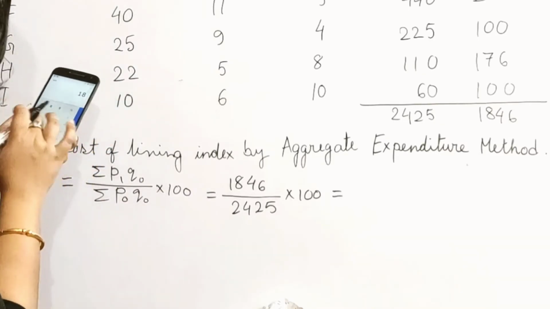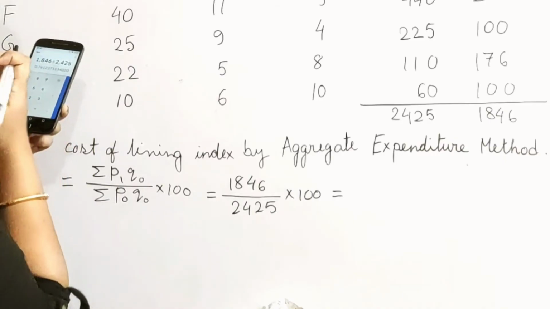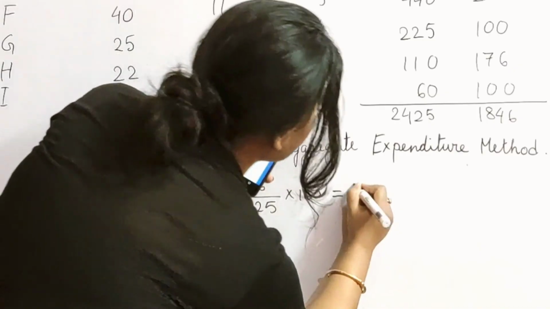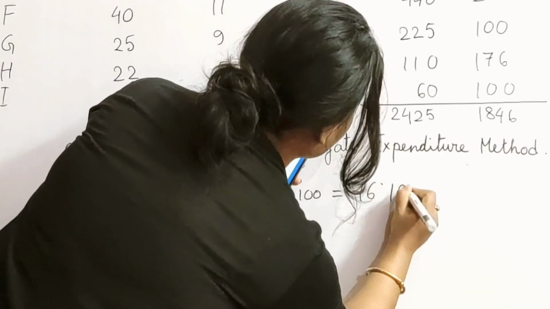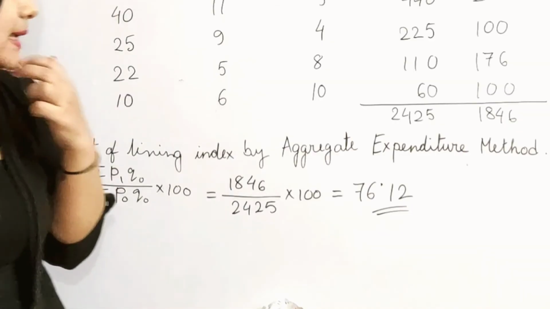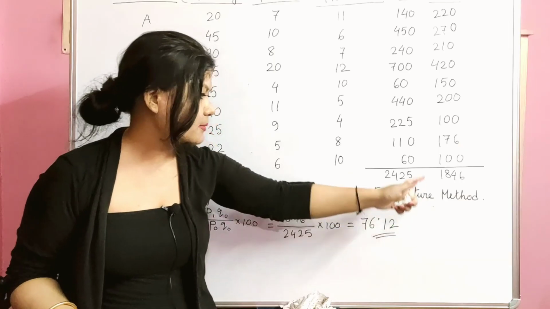Now 1846 divided by 2425 into 100 is equal to 76.12.